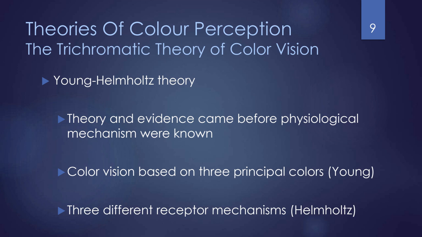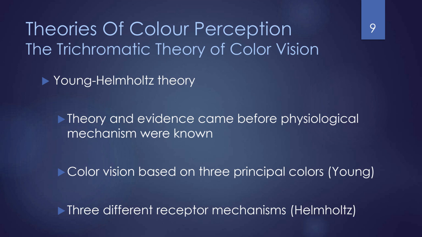We know a lot now about the physiology behind our 3 different types of cones, but this story started well before we ever knew anything about the anatomy and physiology, way back in the 1800s.